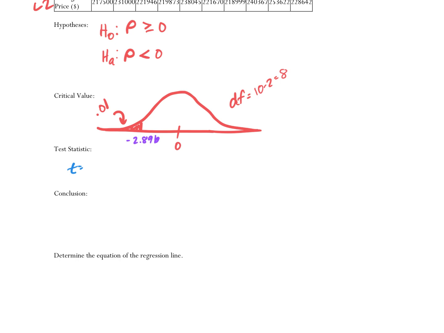Oh, man, I just completely skipped over it. You guys, what's our T statistic? -4.9. And is that in our rejection region? Yeah, because -4 would be roughly here, give or take.